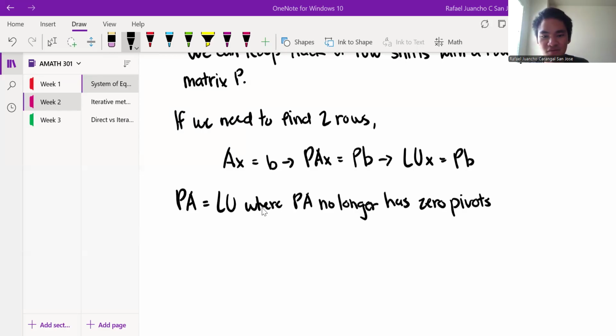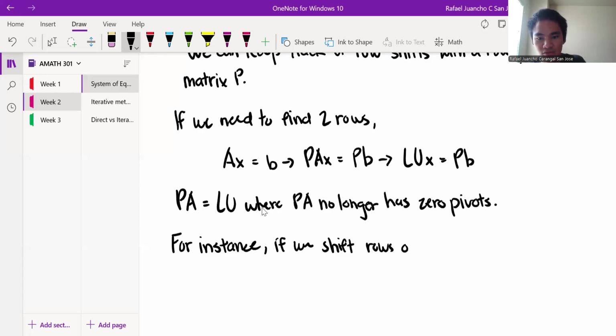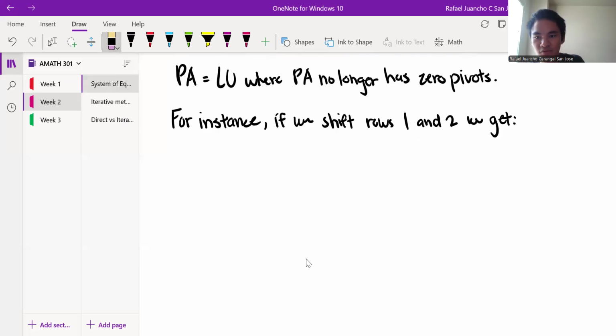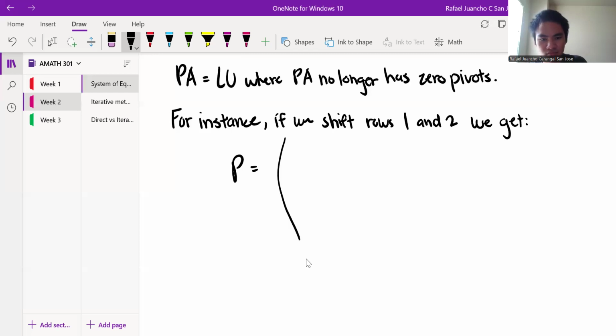So for instance, if we were to shift rows 1 and 2, we get P equal to 0 1 0, 1 0 0, 0 0 1.